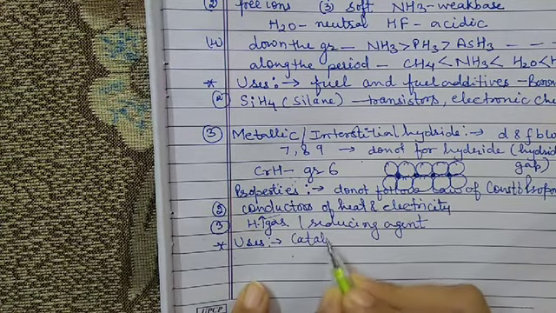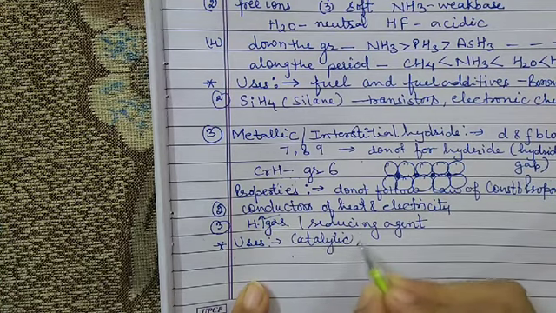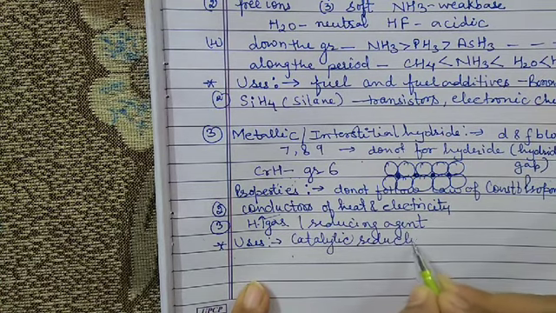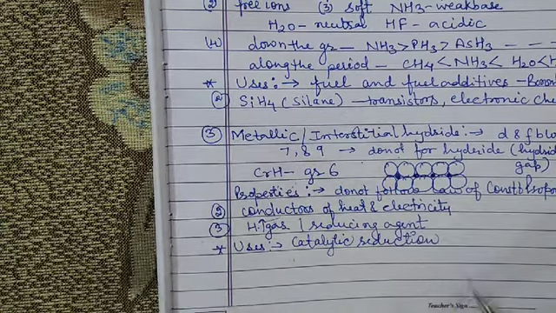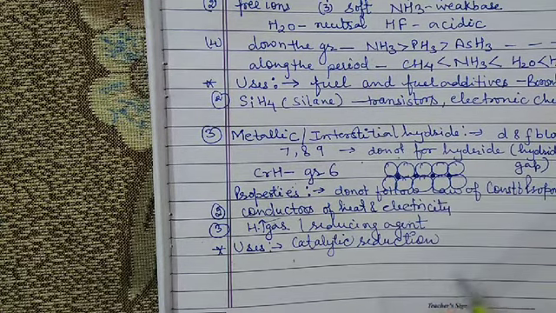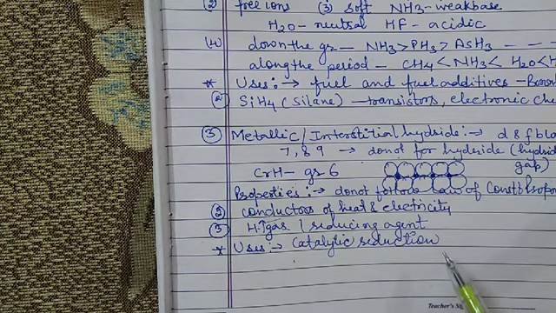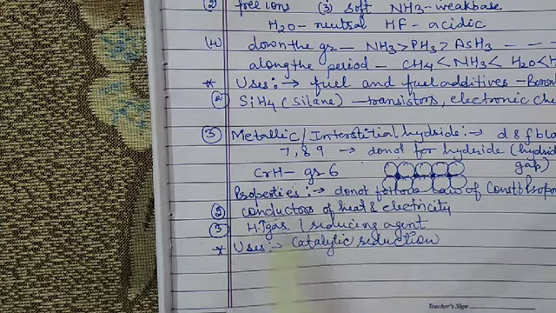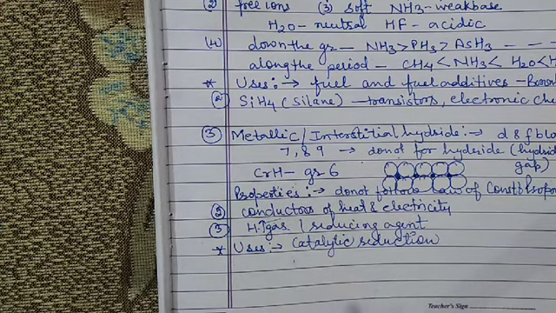They are used in catalytic reduction, or we can say in hydrogenation reactions. For hydrogenation reactions in the preparation of a large number of compounds, metallic hydrides are used.